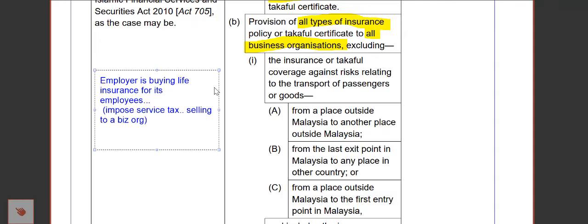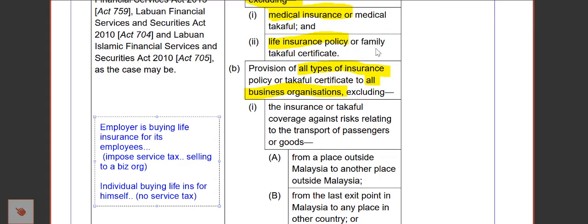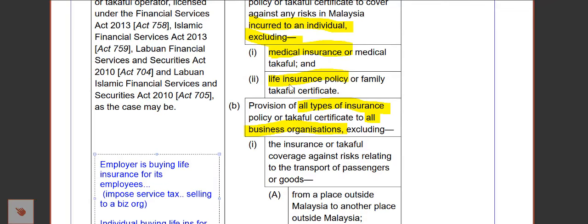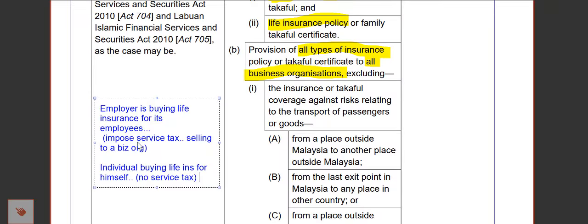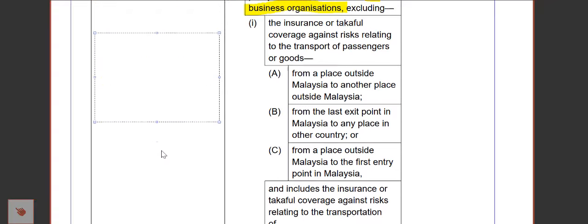But if let's say an individual is buying life insurance for himself, then you do not have service tax, because when you sell to an individual for life insurance, there's no service tax. But this is you're selling to a business organization, so that's the main difference.